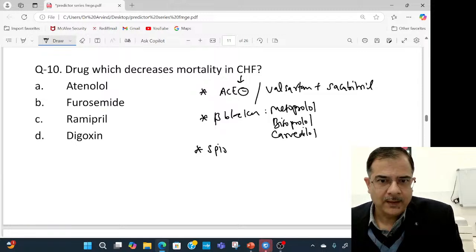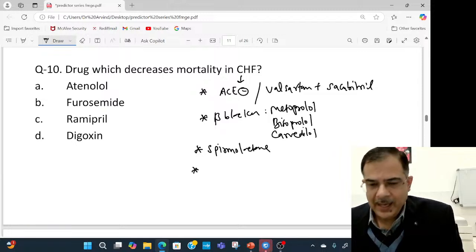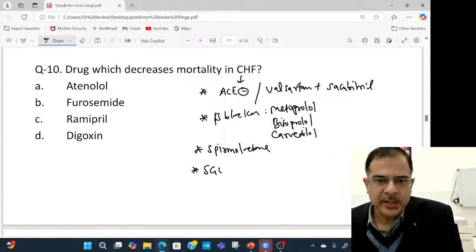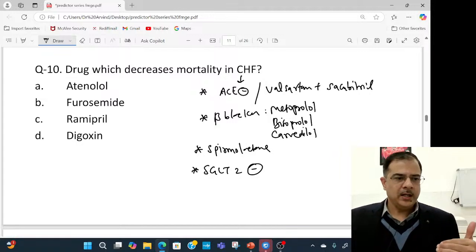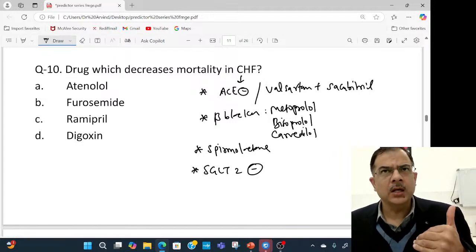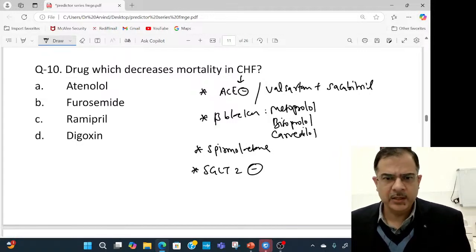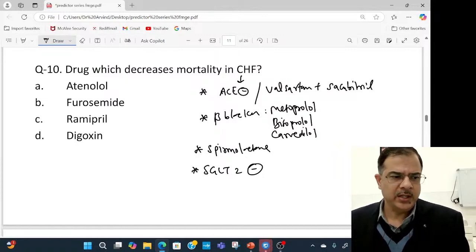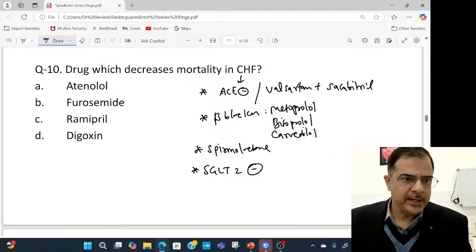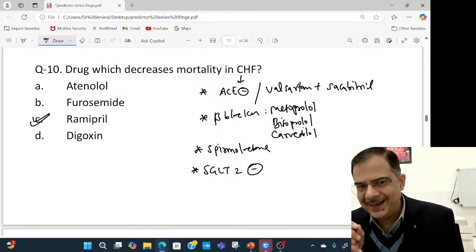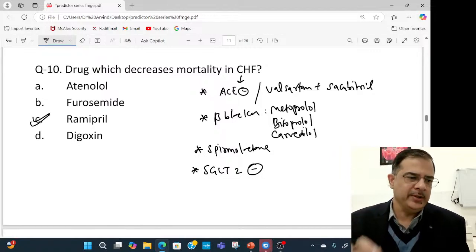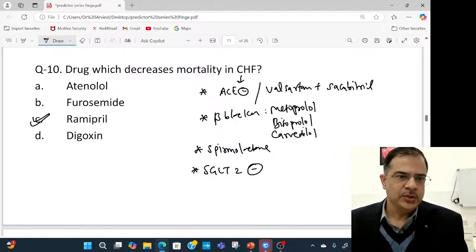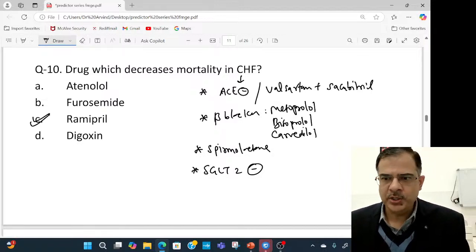Then spironolactone, and SGLT2 inhibitors like dapagliflozin or empagliflozin. So these are the agents which are shown to reduce mortality, and out of these only one is given, ramipril, which is an ACE inhibitor. So the answer will be option C here.